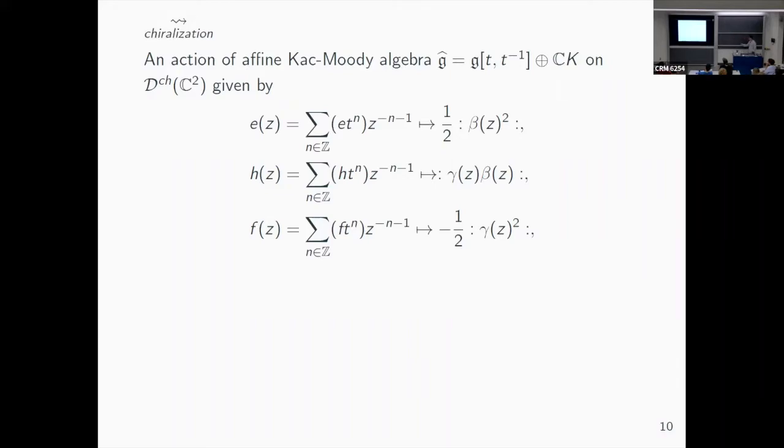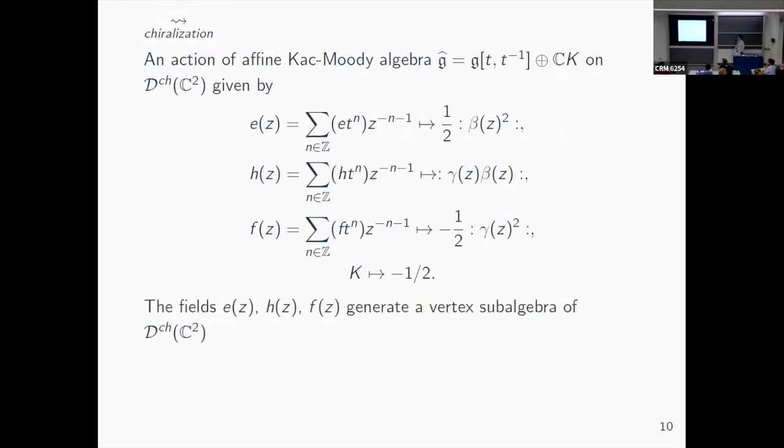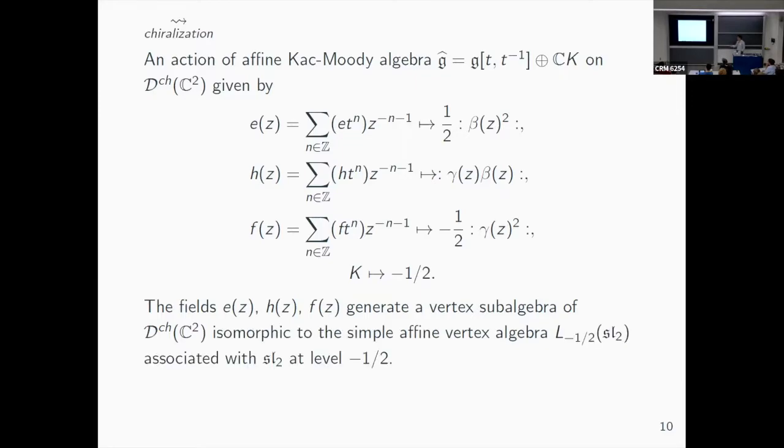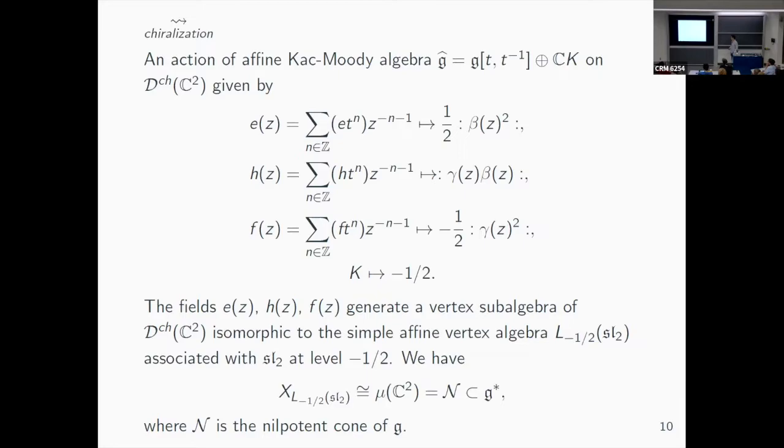And then you find that this has level minus one half. And so this generates a vertex subalgebra inside the beta gamma system, which is isomorphic to the simple affine vertex algebra at level minus one half. And one can show that the corresponding associated variety is exactly the image of the moment map of C2, which is the nilpotent cone of SL2.